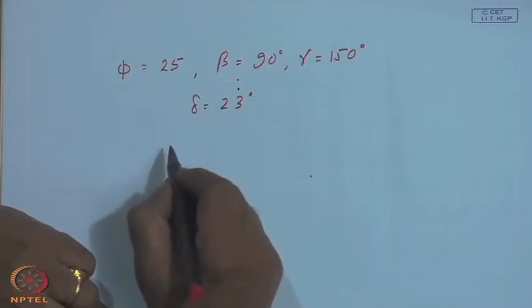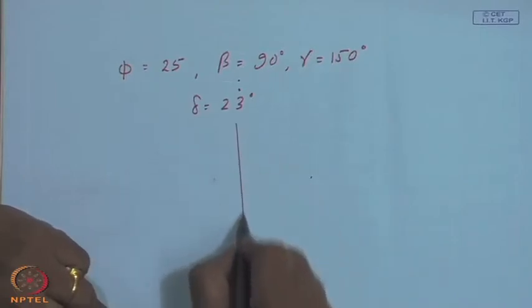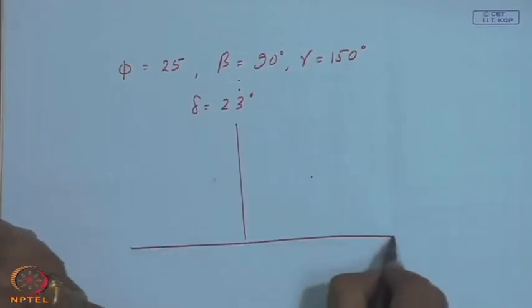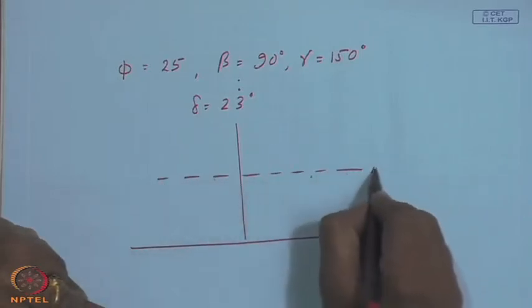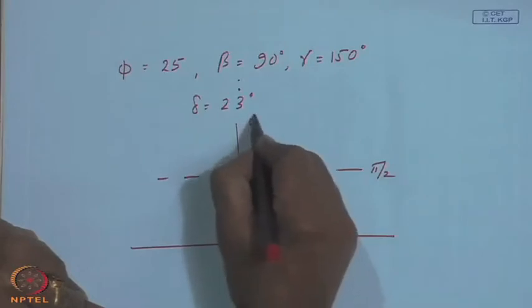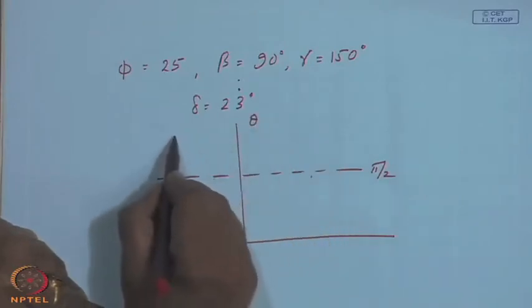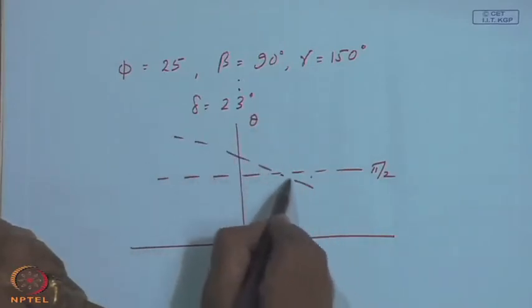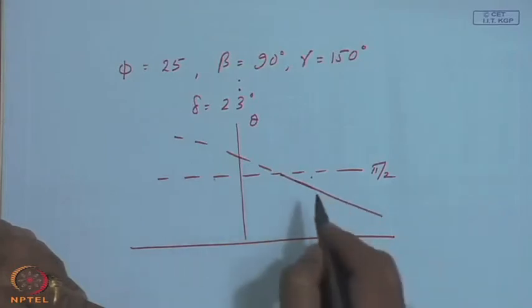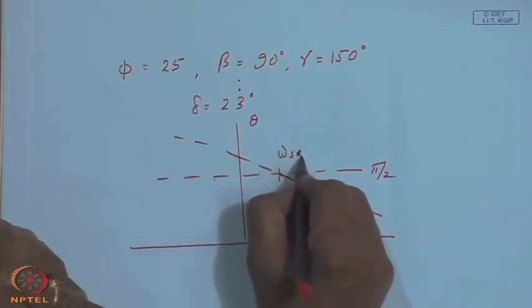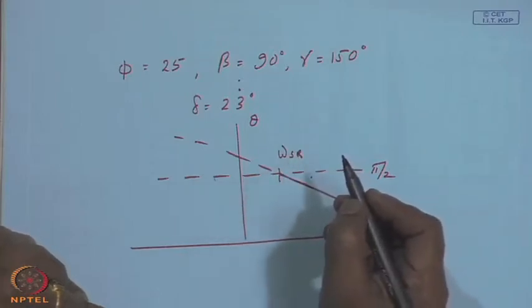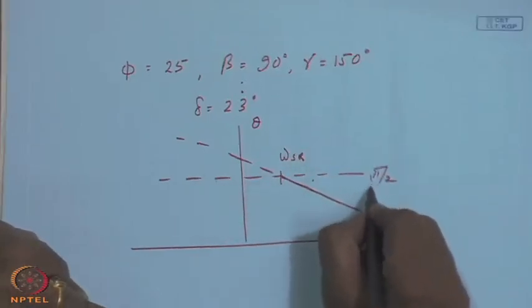If you calculate, you have got the plot something like this, so you determined according to our criterion this to be omega SR, and this is my omega S.